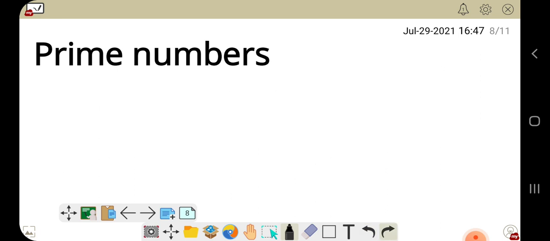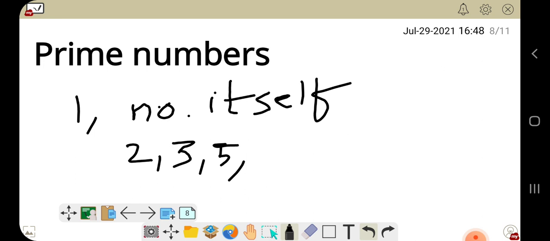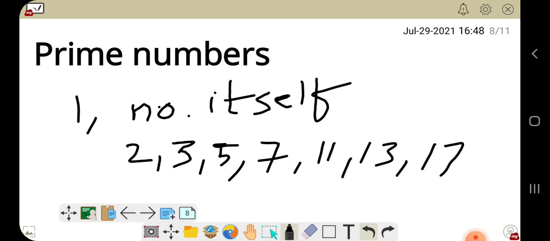The next and the last concept for today's session to classify the numbers is prime numbers. Prime numbers are the numbers which can be divisible by 1 and number itself. What are the prime numbers? Prime numbers are 2, 3, 5, 7, 11, 13, 17, 19 and goes on.